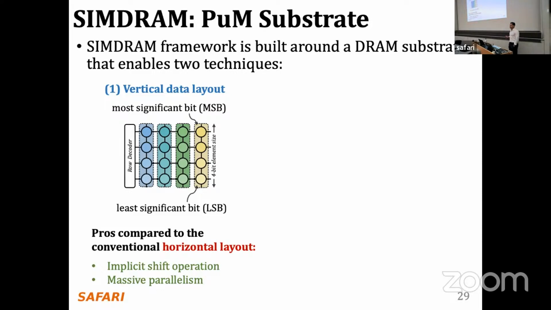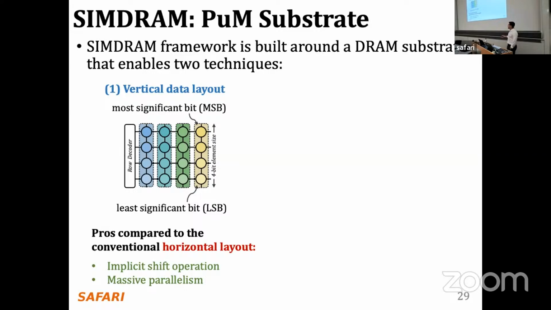Another thing that this allows us to do is to think of a DRAM subarray as a massively parallel SIMD substrate. If I keep doing in-DRAM operations across the different DRAM columns, I have a single instruction, this in-DRAM majority operation, operating across multiple data, each data stored in a single DRAM column.